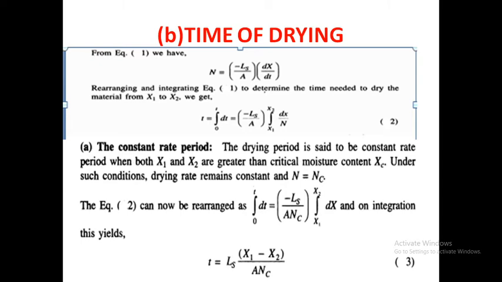Okay. So the minus is taken outside and multiplied with the minus, and finally we get Ls into X1 minus X2 by capital A into Nc. So finally the time value t is equal to Ls into X1 minus X2 divided by capital A into Nc. So this is the third expression.